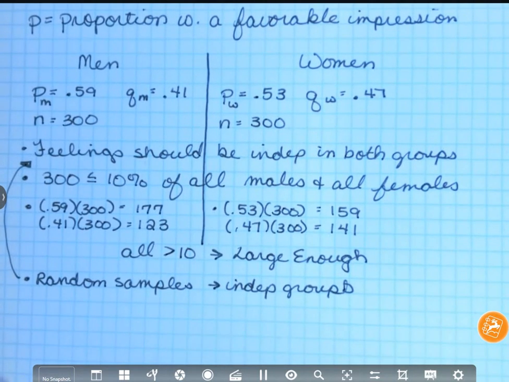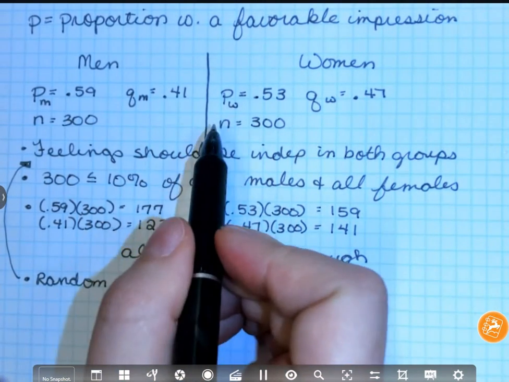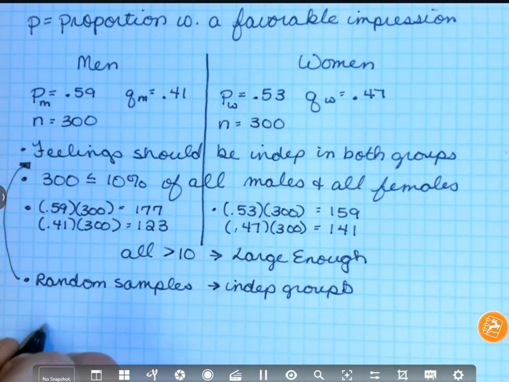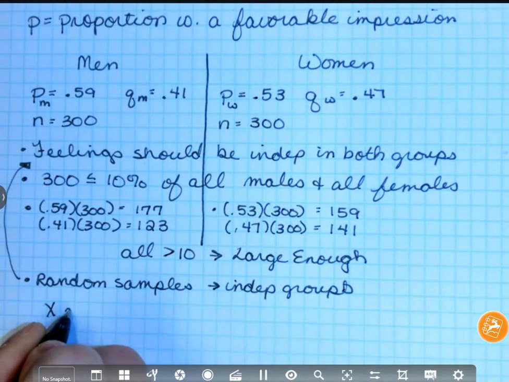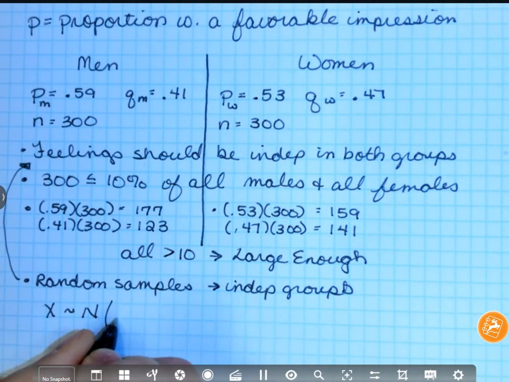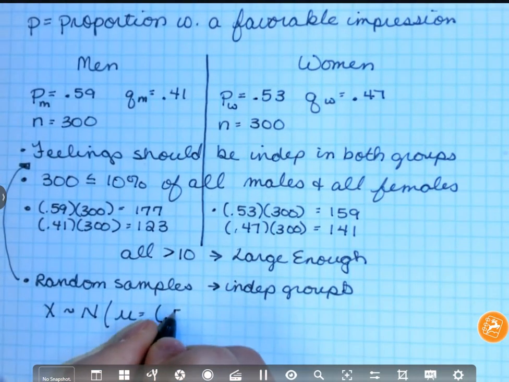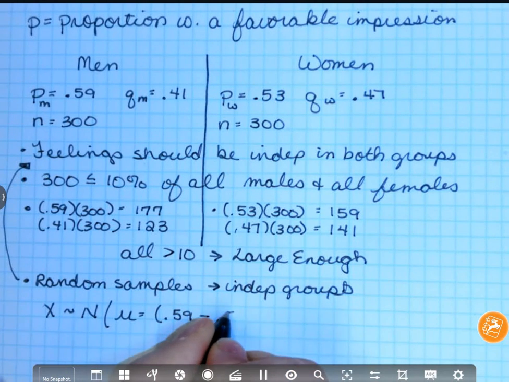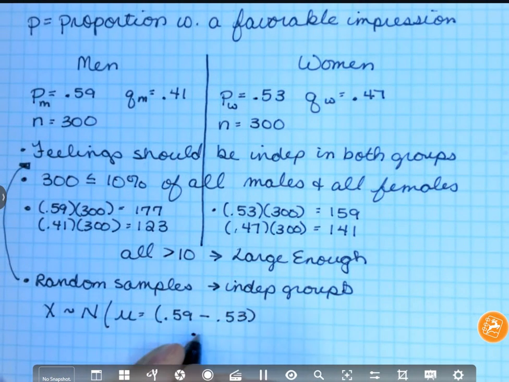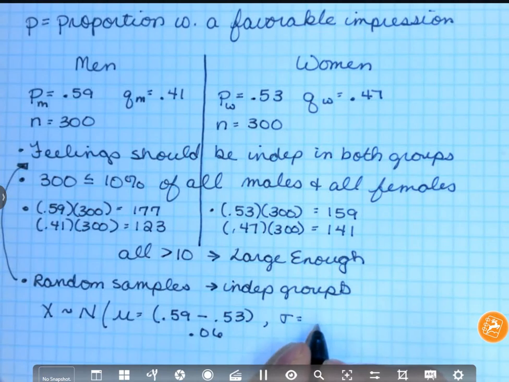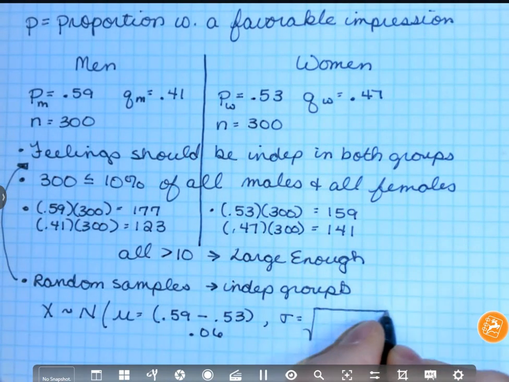And because of this, with all of this said here, we are going to say that my sampling distribution follows a normal model that we would expect. And what did we say we would expect? 0.06, because that's coming from 0.59 minus 0.53. And what should the standard deviation of that be? Well, I'm going to write out the formula.